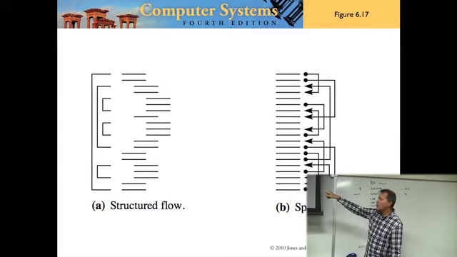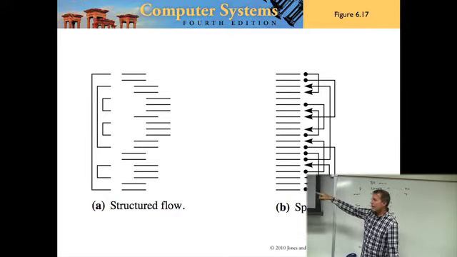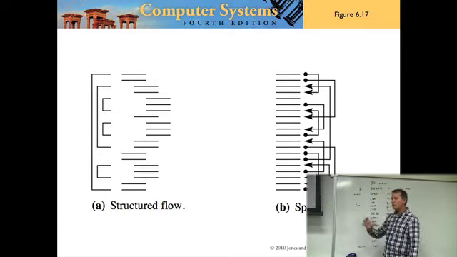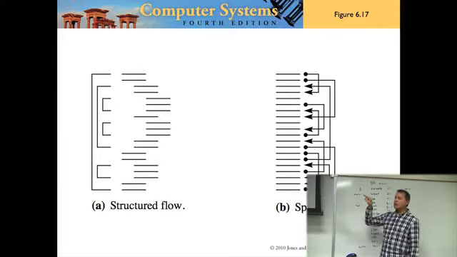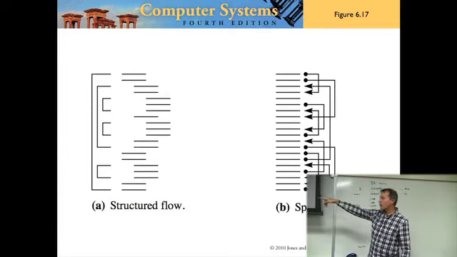But whenever you do nesting like this, what's the rule for those brackets on the left-hand side of figure 6.17a? They don't cross. It's like nesting boxes. Are you with me? So if you program in C++ and the only things that you do are if statements and loops, there's no crossing. Your code is structured by definition.